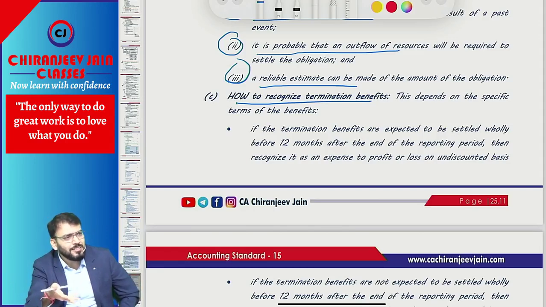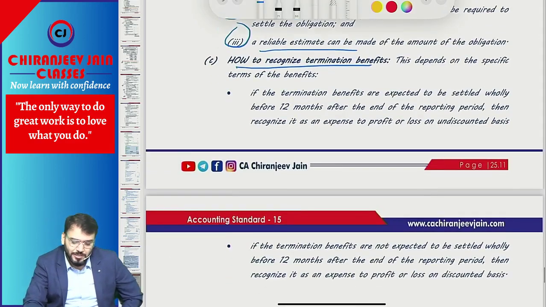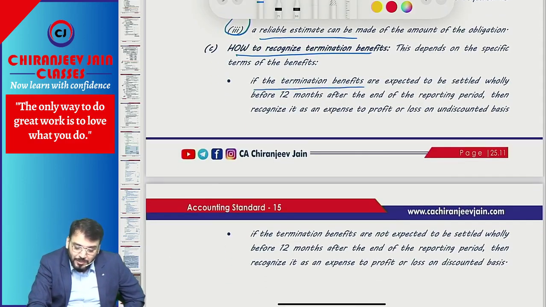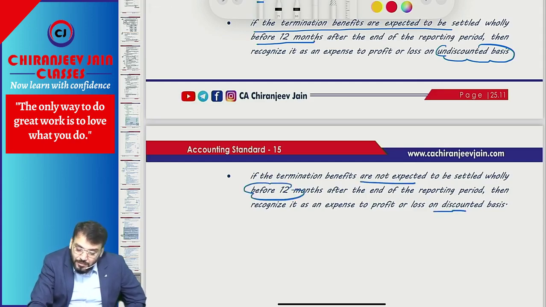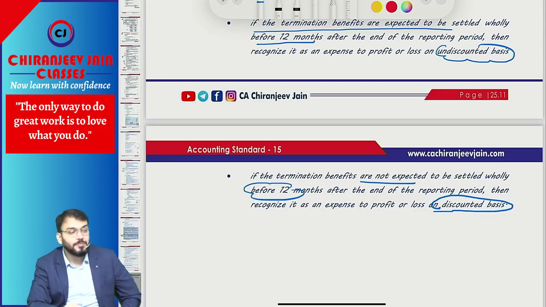Can't you calculate? You can calculate. They have not given any question, but we can calculate if you know this concept. So if the termination benefits are expected to be settled wholly before 12 months, then on an undiscounted basis. If not expected to be settled before 12 months, then on a discounted basis. Chapter close.